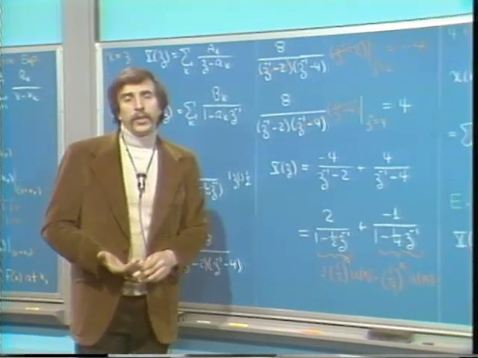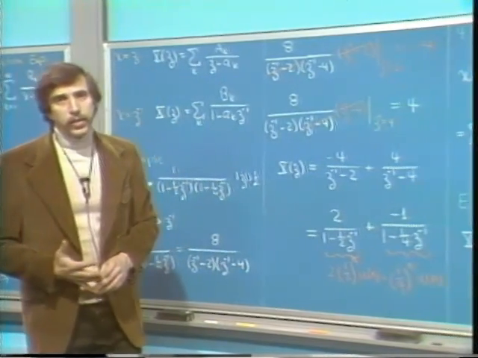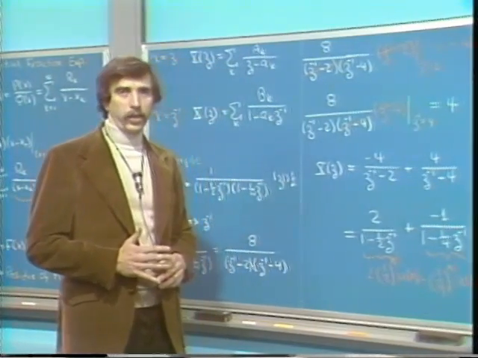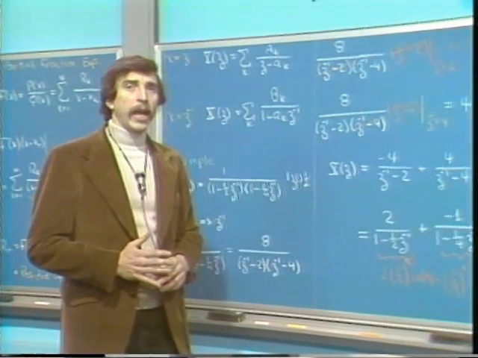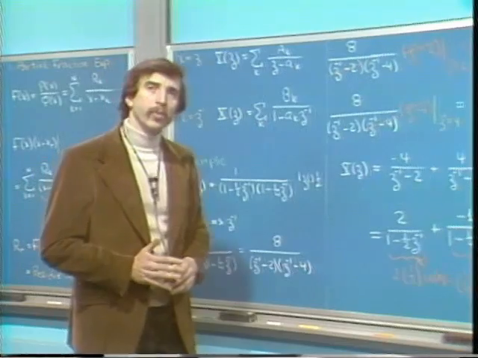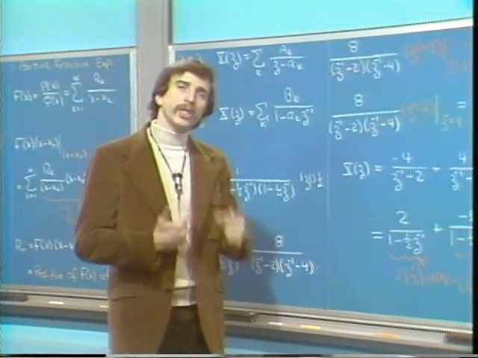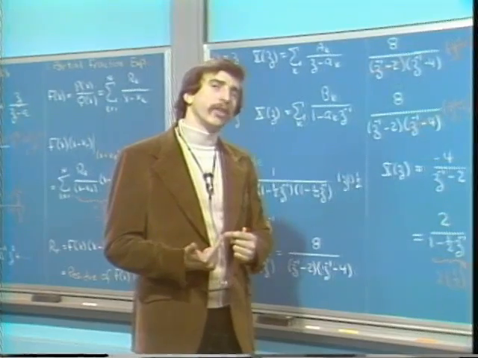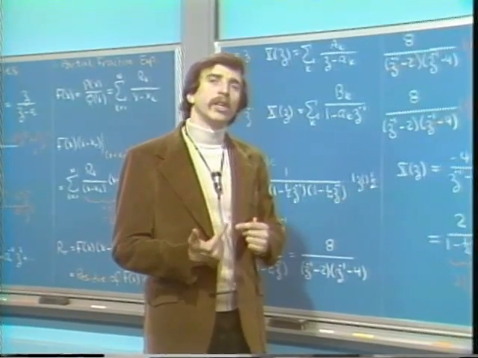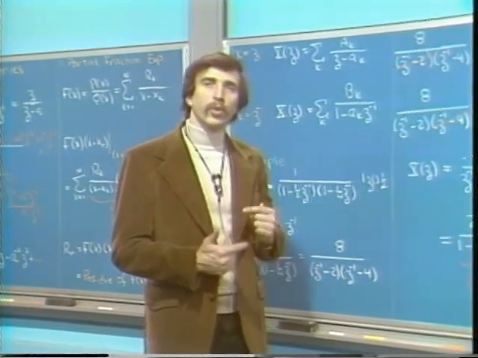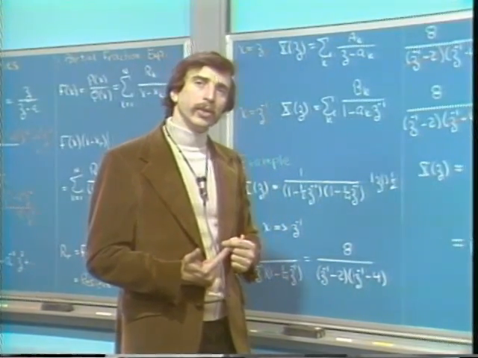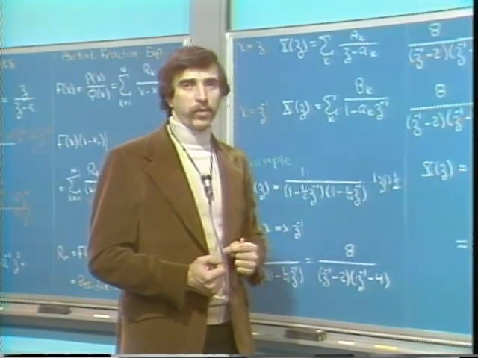Now, finally, there is a somewhat more formal way of evaluating the inverse Z transform. And in some cases, it's important to actually use this to explicitly evaluate the inverse Z transform. In other cases, it's important to make reference to the more formal inverse Z transform relationship to discuss properties of the inverse Z transform.